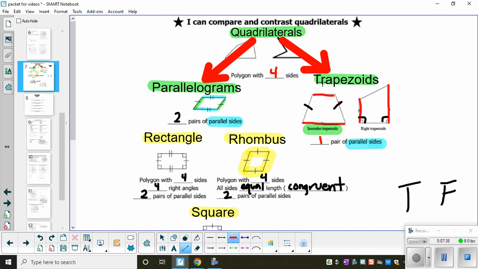If you only have the 1 set, you're over here in trapezoids and that's it. Or we could say quadrilaterals with the 2 pairs of parallel sides are called parallelograms. Now, parallelograms are also broken into 2 separate categories. You can say, all right, I'm a parallelogram with 4 right angles, and that makes me a rectangle. Or you can say I'm a parallelogram with just 4 congruent sides, and that makes me a rhombus.